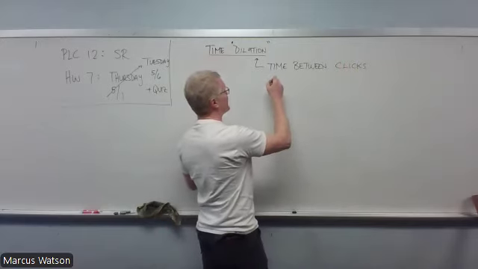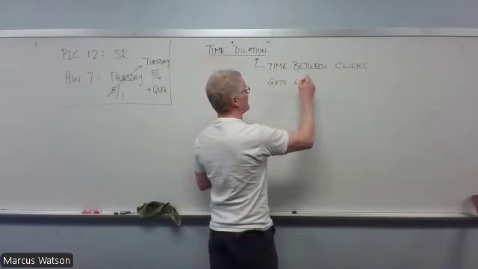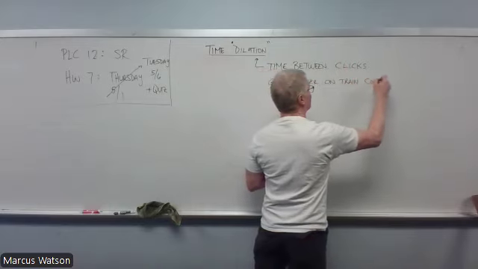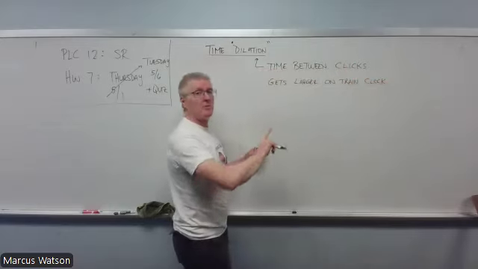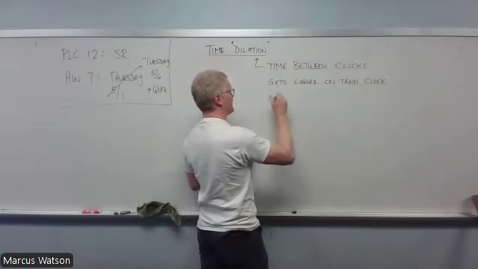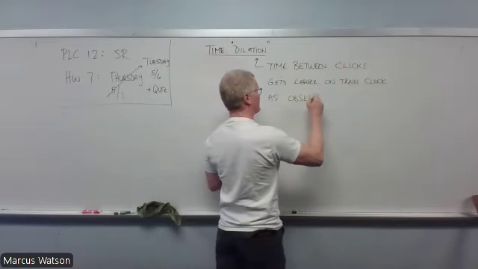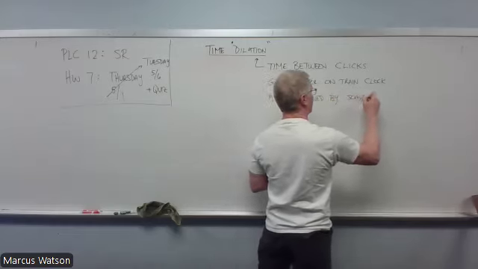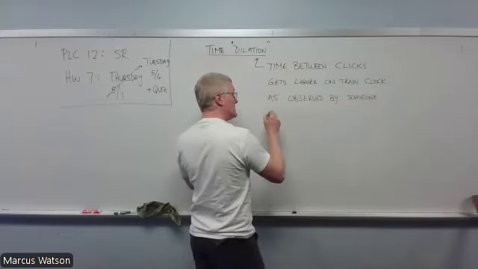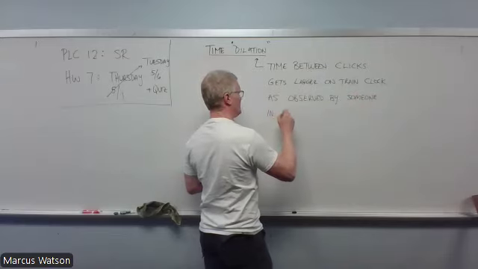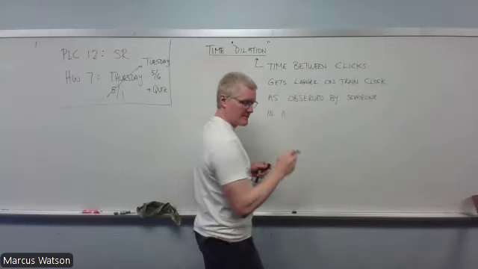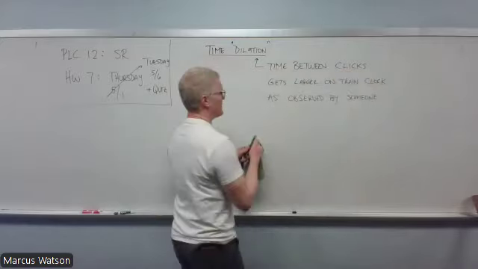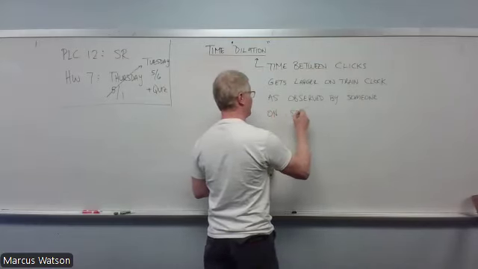The time between clicks gets larger on the train clock as observed by someone not on the train, as observed by someone on the station platform.